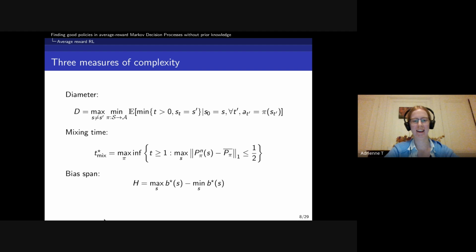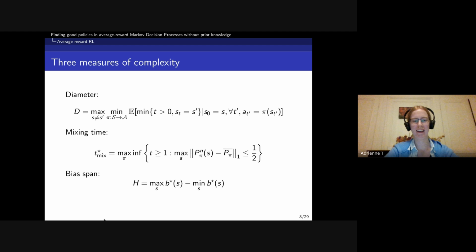And finally, another complexity measure that's very important in our work and in prior literature is the optimal bias span, which we call H. And so remember the bias, it was a vector that measured how happy we are to be in a state compared to the other. Well, if there are some states in which you are very, very happy and some states in which you are very, very sad, it's actually a bit harder to find the best policy.